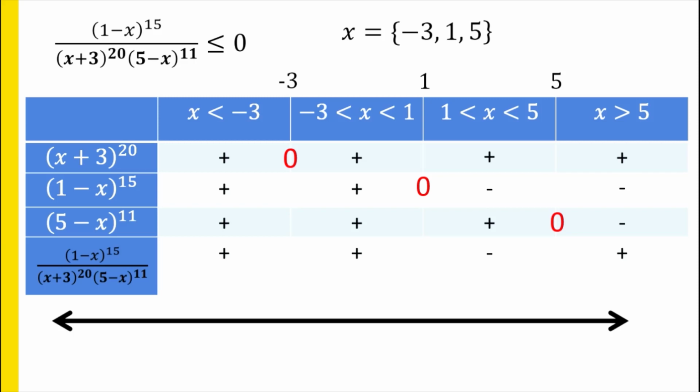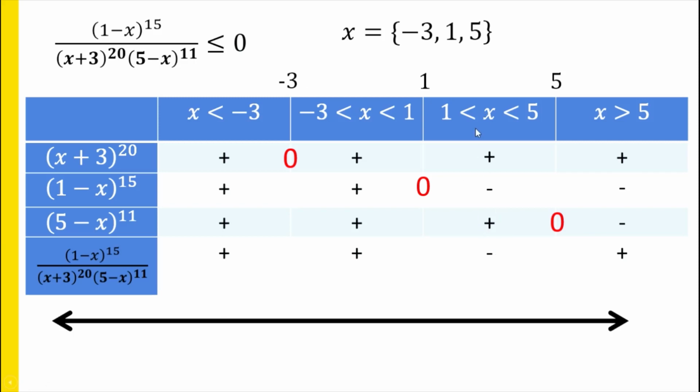Okay, so again, let's look at this equal sign. There's an equal sign here. So we have the critical value for the numerator as 1. So therefore 1 is included. And also since this is less than, we are after the sign minus.